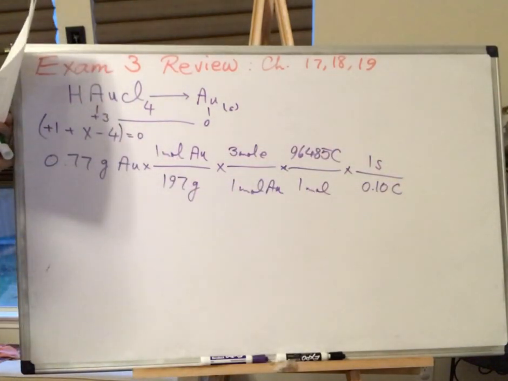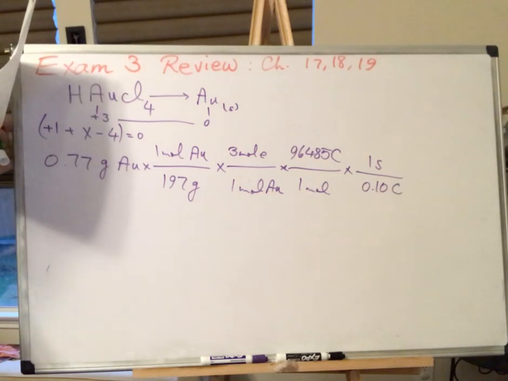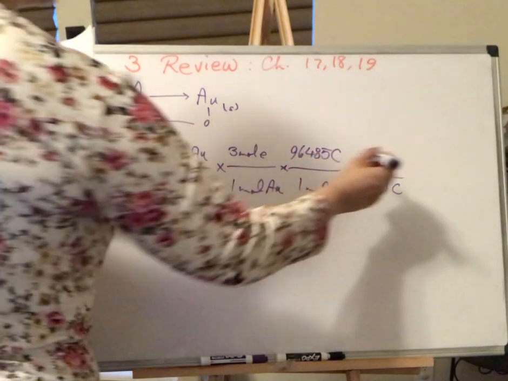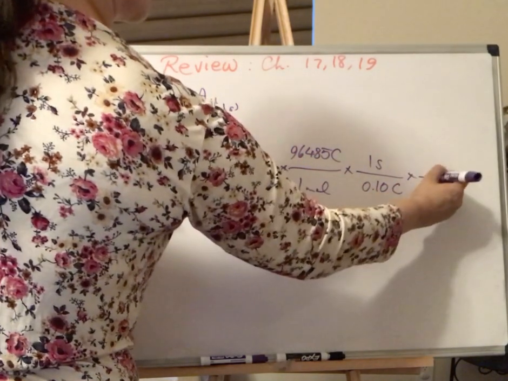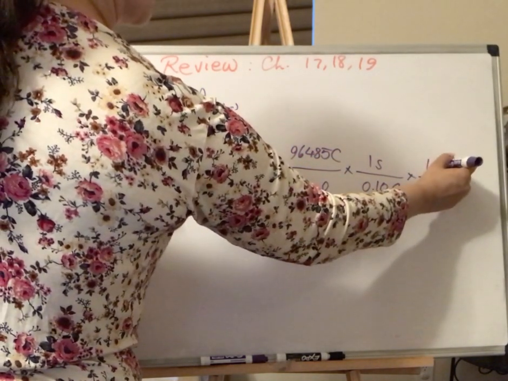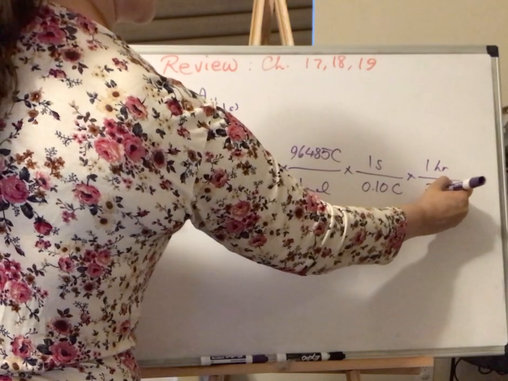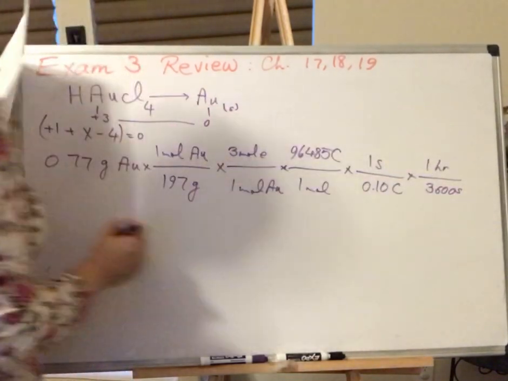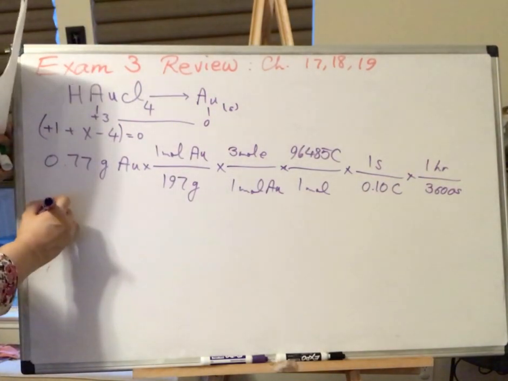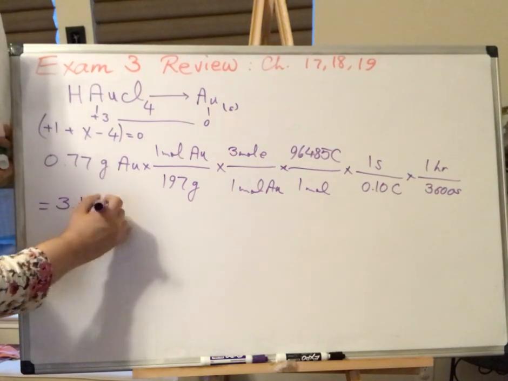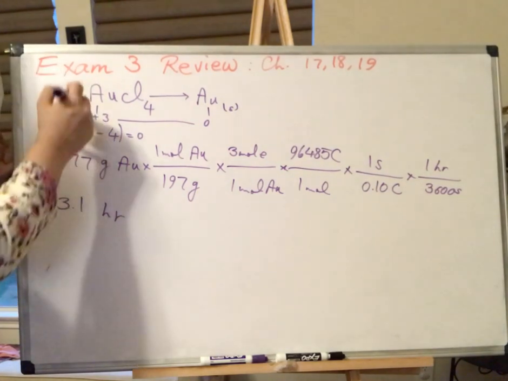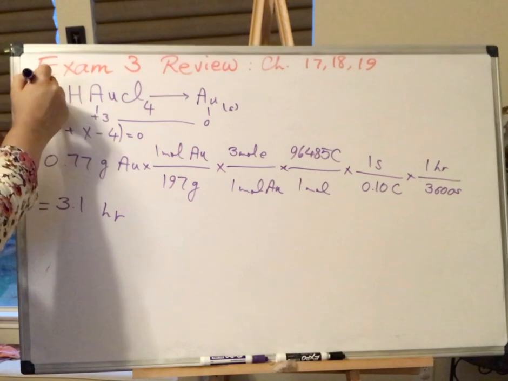If you look at the answers, 3 of them are given in hours and 1 of them in minutes. So most likely it's in hours. So let's see. 1 hour is 3,600 seconds. So it's going to give you 3.1 hours, which is answer C.